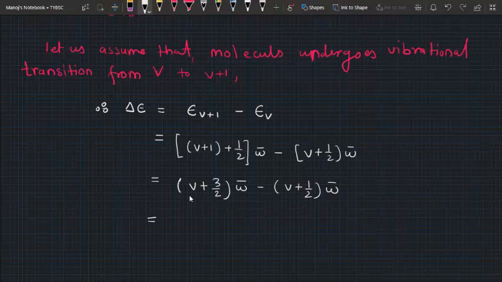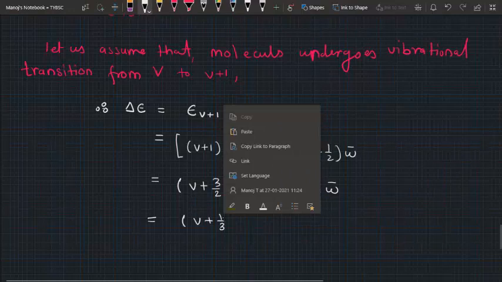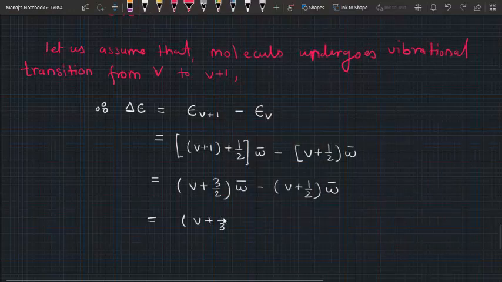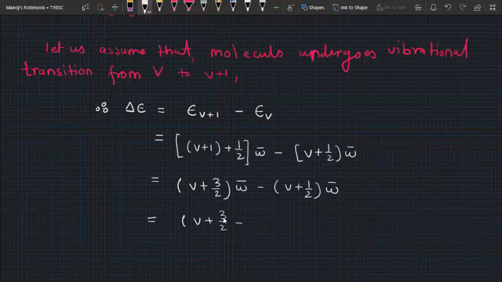If I simplify further, v cancels, and 3 by 2 minus 1 half is 2 by 2, which is equal to 1.